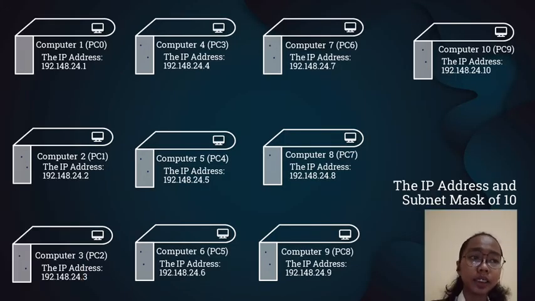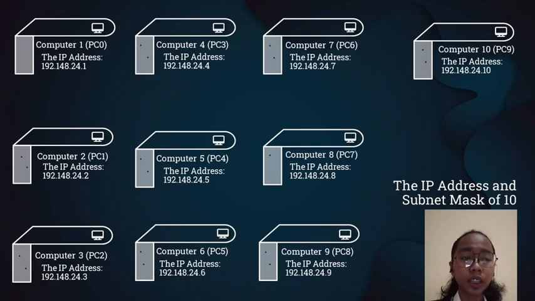The next slide is the IP addresses and the subnet masks of the computers. The IP address for computer 1 is 192.148.24.1. For computer 2, 192.148.24.2. For the next computers, we just change the last number in the right order.